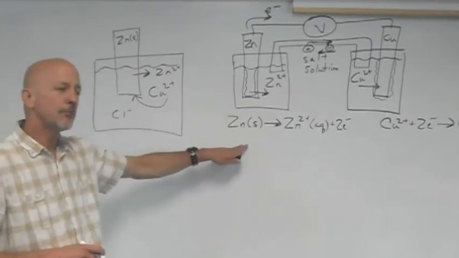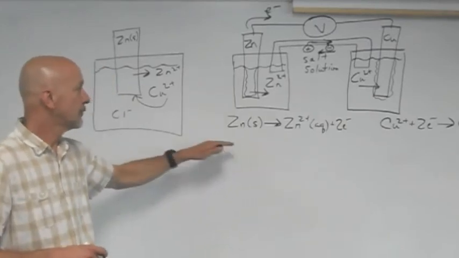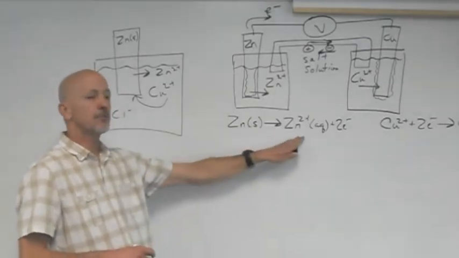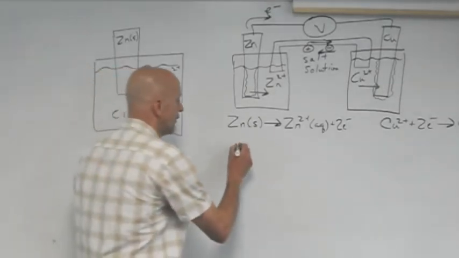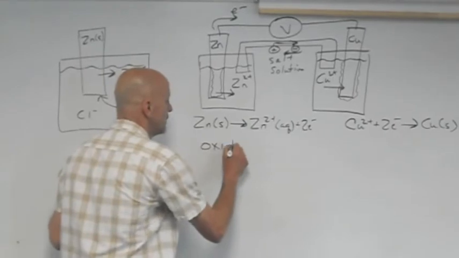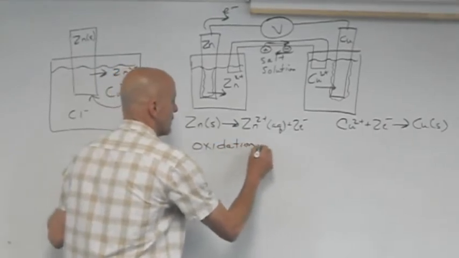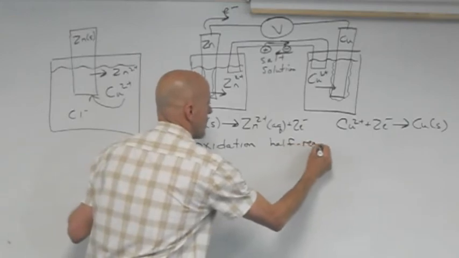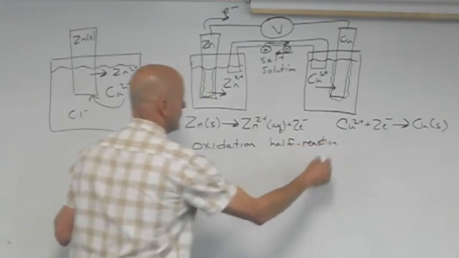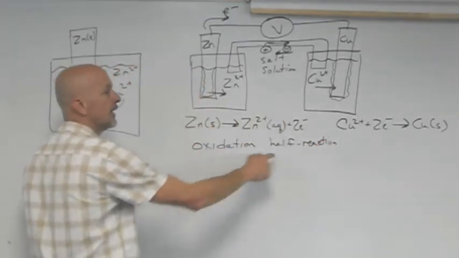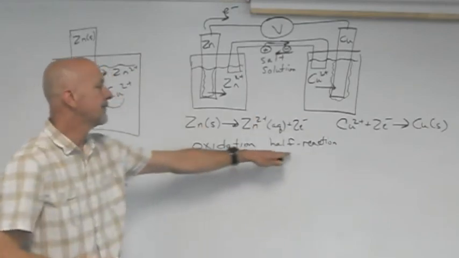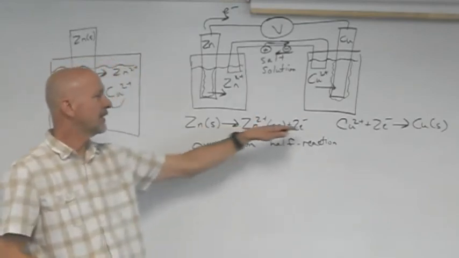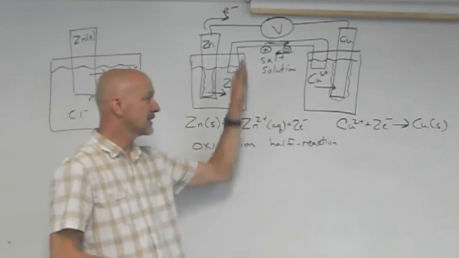Let's label a couple more things on our battery. Here's the reaction where zinc is getting oxidized. This is called the oxidation half reaction. So in this cell, I've got oxidation going on. We call it a half reaction because I can't have oxidation without these electrons going somewhere.